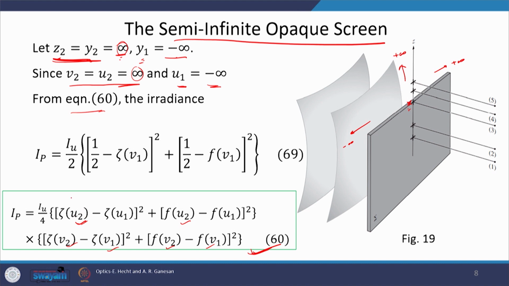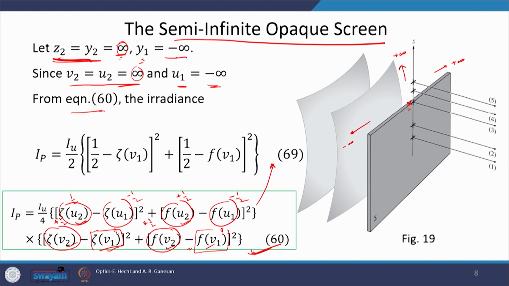If you substitute here, then you will get that the value of this function is plus half, this function is again plus half, this function is minus half, this is again minus half, and this function is equal to plus half, and this is again plus half, and f v1 is not known. Okay, this is something which is left, and this is also something which is left. These two functions would be left, and after all this substitution and a bit of simplification, we get equation number 69.